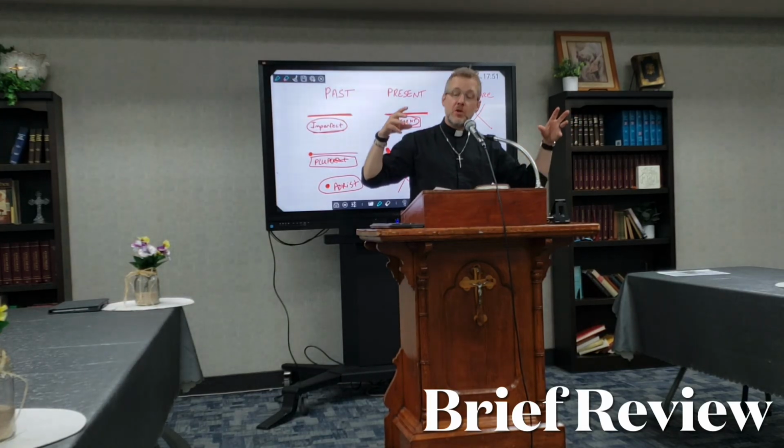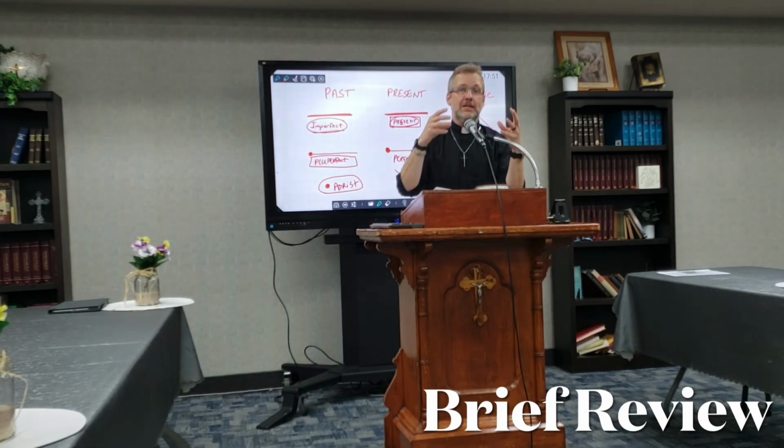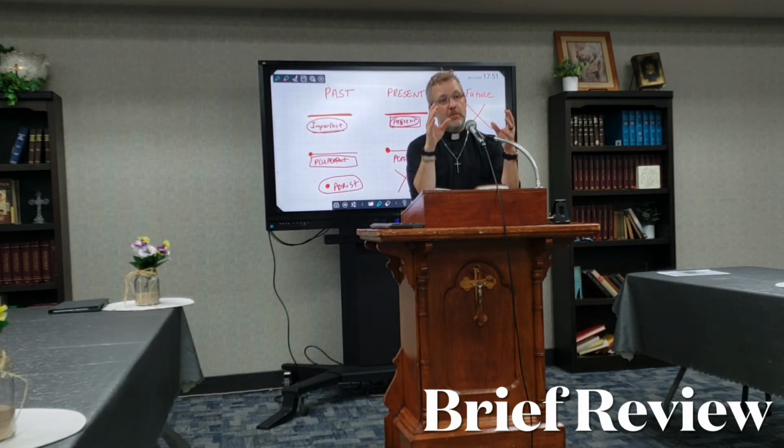Okay? So when you look at the Greek verb, you're going to find out the mood of the sentence, which is whether it's imperative or indicative or subjunctive. Whether the verb is demanding something, indicating something, or giving the mood of possibility. You're going to find out the voice, which way the action is going. Is it going from the subject to the direct object or the other way around?